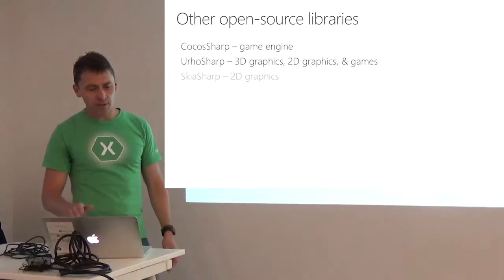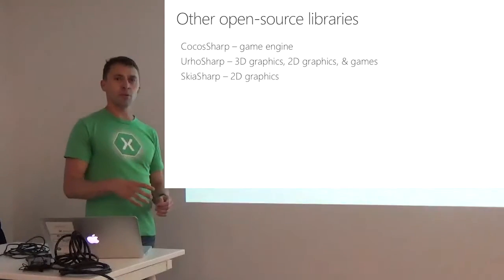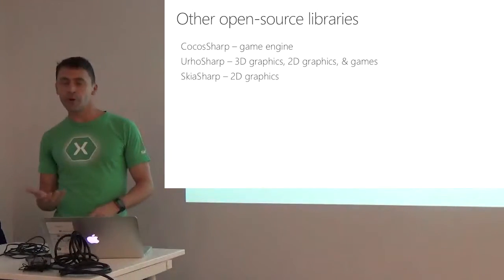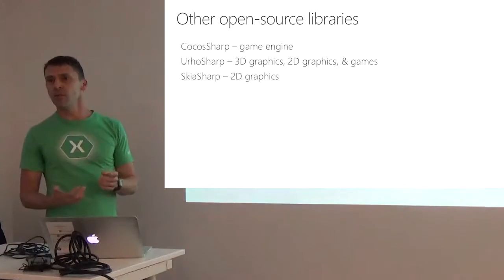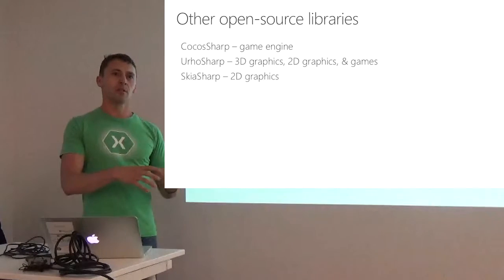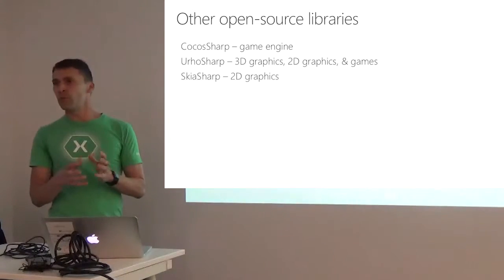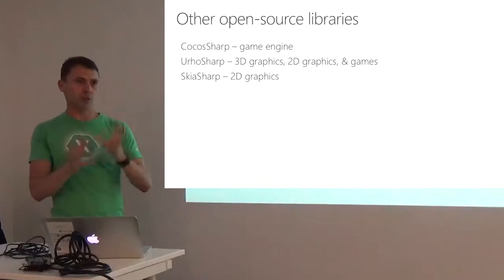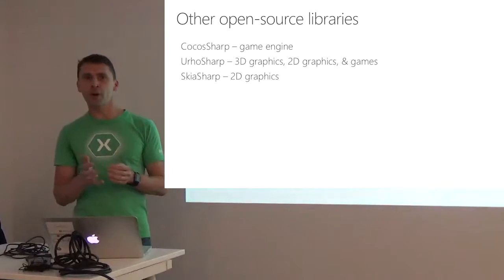There's a couple of other libraries that you might not know about that you can use with Xamarin.Forms, because we've only added support for them very recently. But the CocosSharp game engine, which is a port of the Cocos2D animation and game library, can now be embedded inside of a Xamarin.Forms application, so that you can get a cross-platform game view, which might enable you to do some fun interactions.